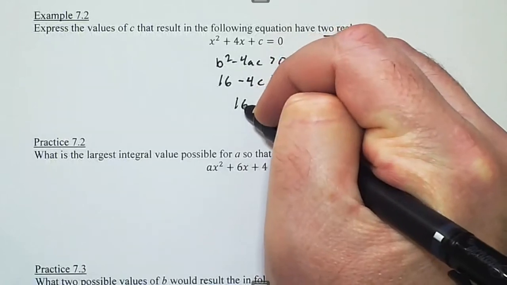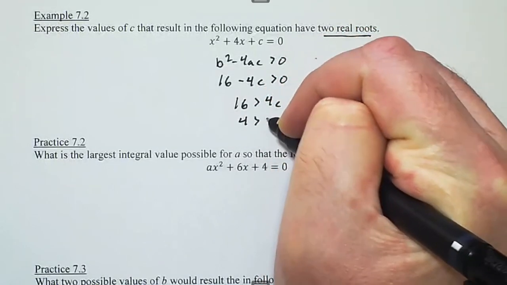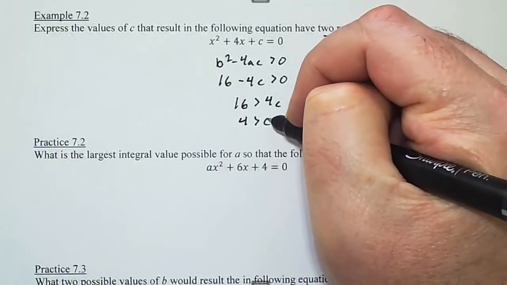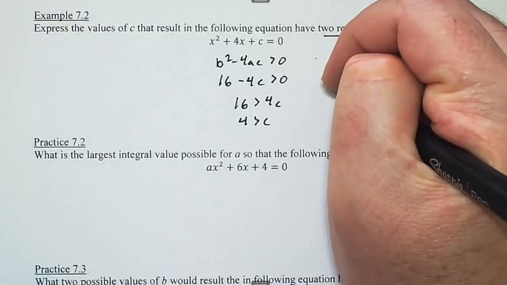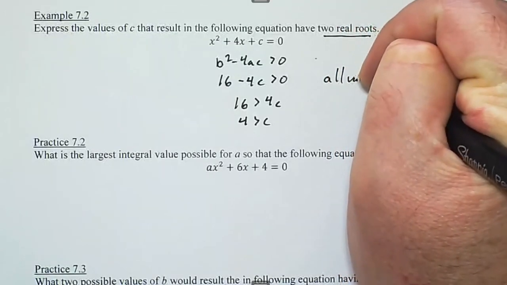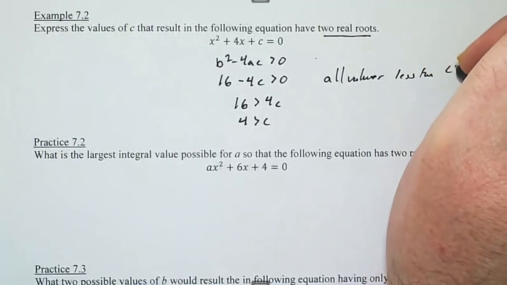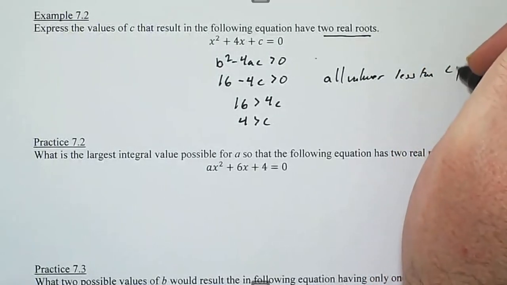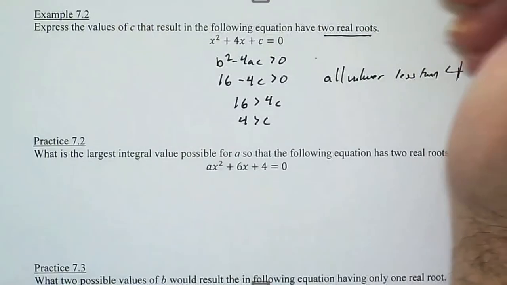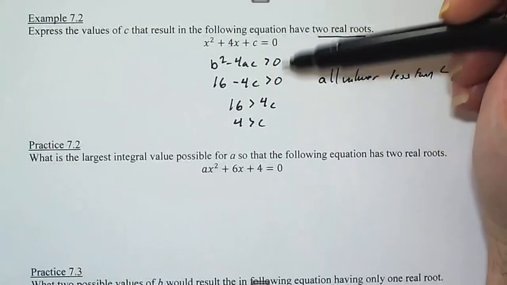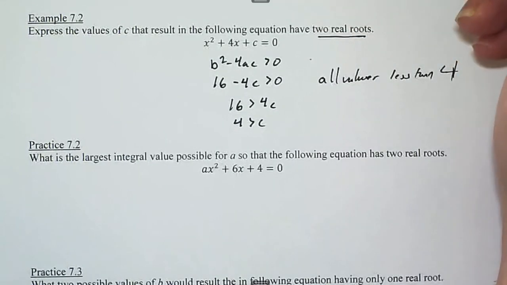I'm going to solve this as just a linear inequality. So what I get is c is less than 4. All values less than 4.